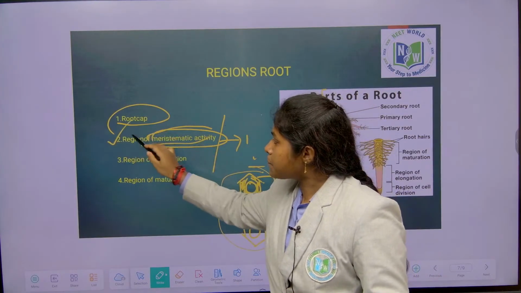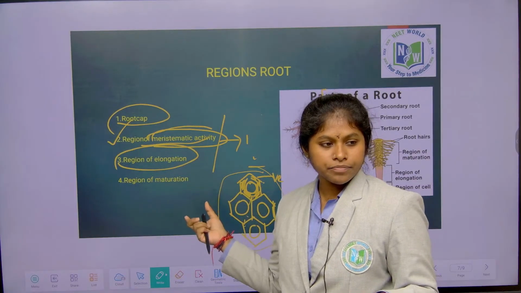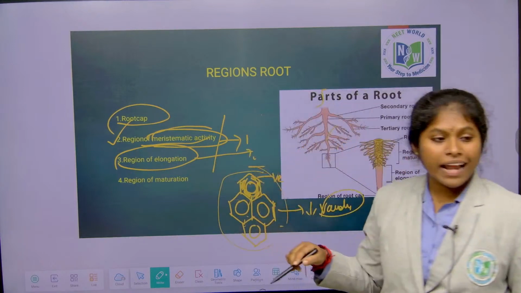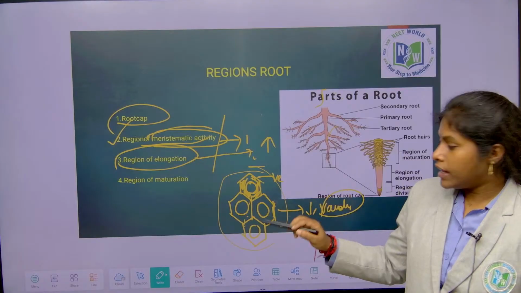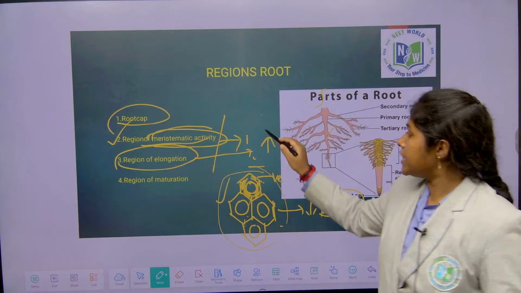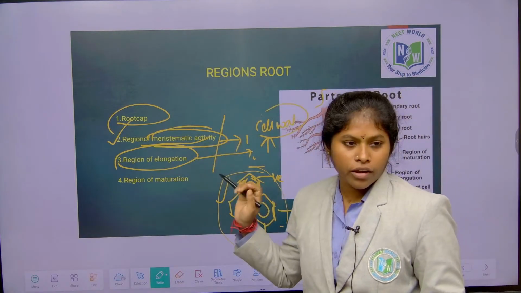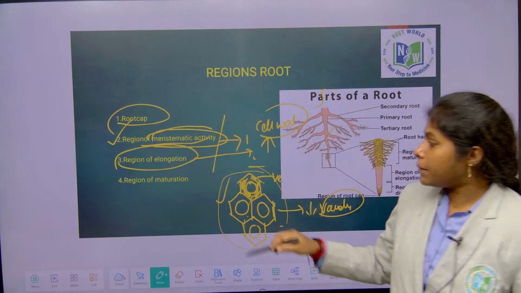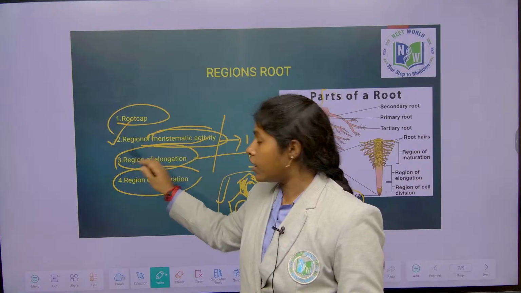So what is the next region proximal to this? It is the region of elongation. These cells have an increase of vacuoles. Compared to the meristematic cells, cell wall deposition slowly occurs in the region of elongation. There is no complete cell wall deposition; it will be completed in the region of maturation, not in elongation. Here we see the slow increase of vacuoles. If they ask in which region vacuolization is increasing, it is the region of elongation.